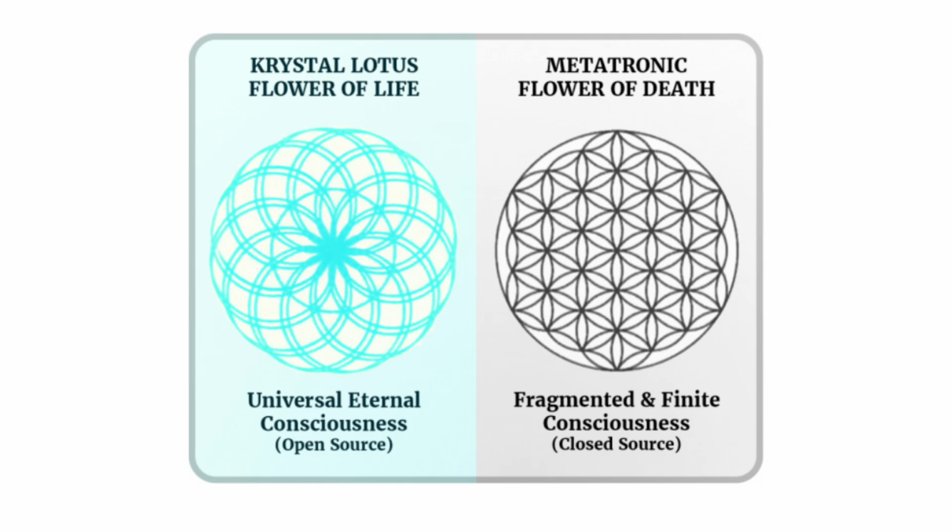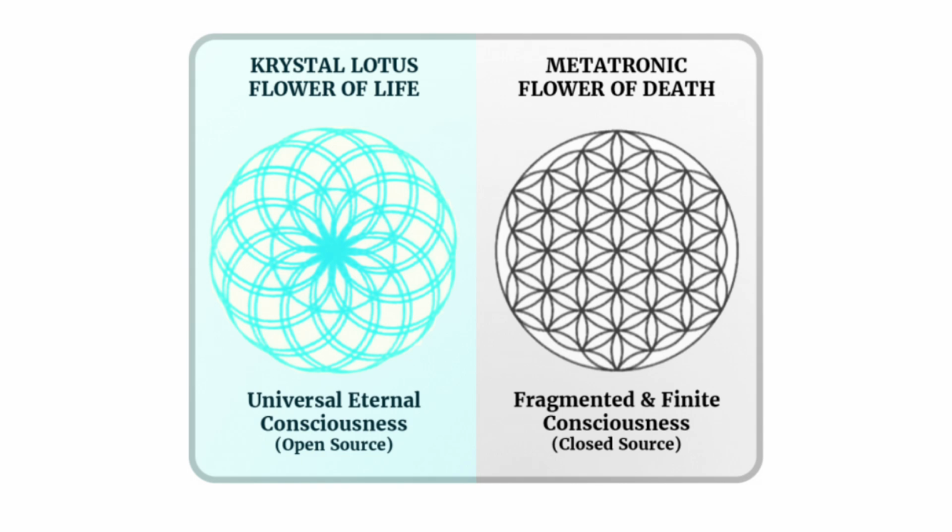So you see here both the original flower of life and the artificial flower of life. On the left, you see the original creation code, which is an open source of universal eternal consciousness through which we are connected to the eternal fields of living light.